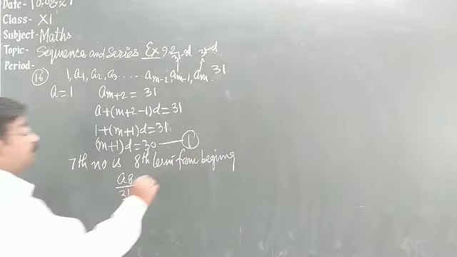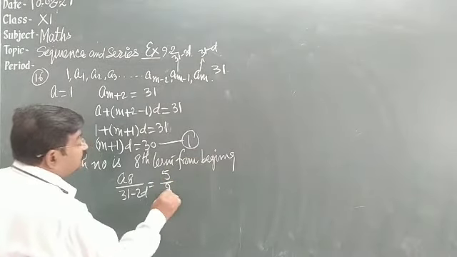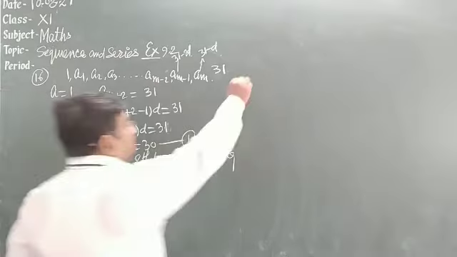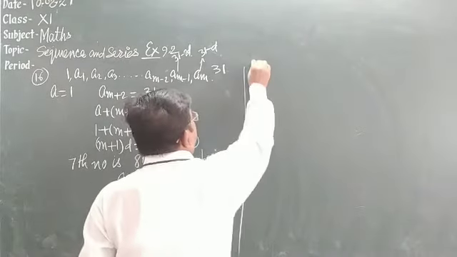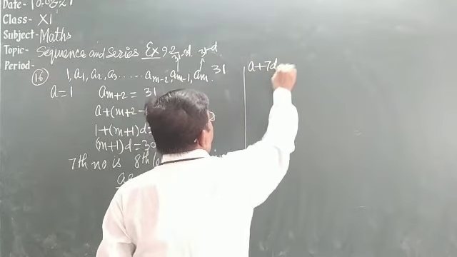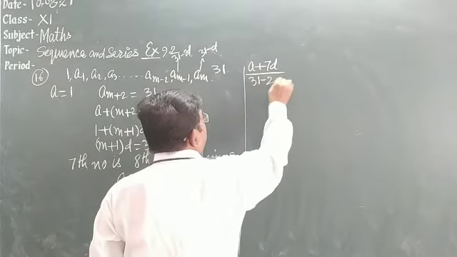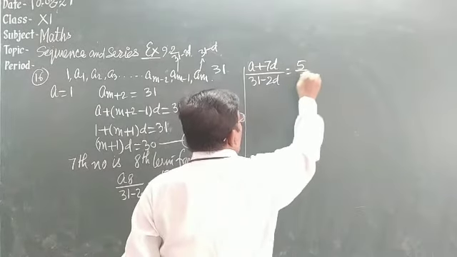The ratio of the seventh number and the (m minus 1)th number is 5 upon 9. So the eighth term is a plus 7d upon 31 minus 2d, equal to 5 upon 9.